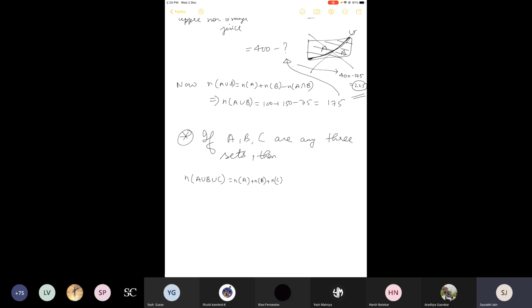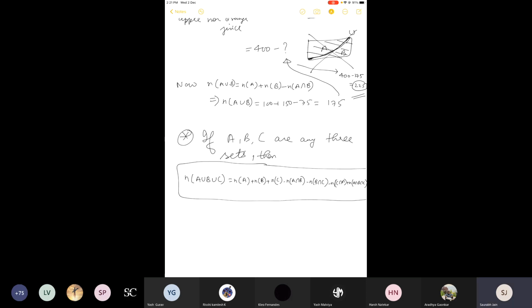This result is a little bit lengthy, but there is some pattern also, so you can remember it easily. Then minus N of A intersection B, minus N of B intersection C, minus N of C intersection A, and finally we have plus N of A intersection B intersection C.